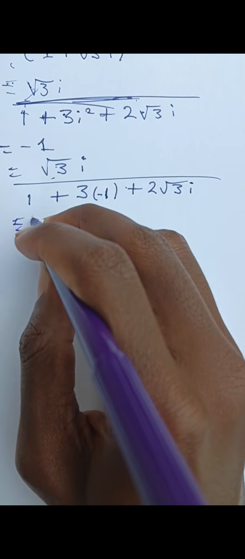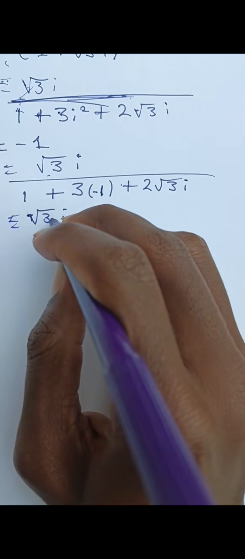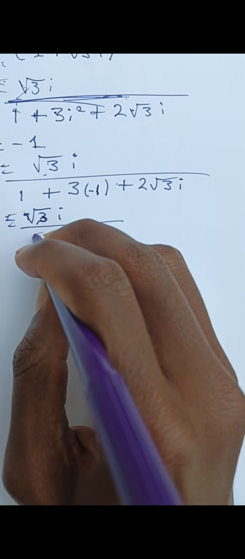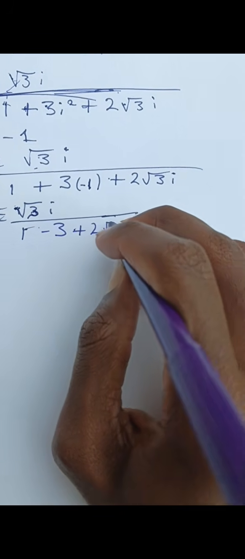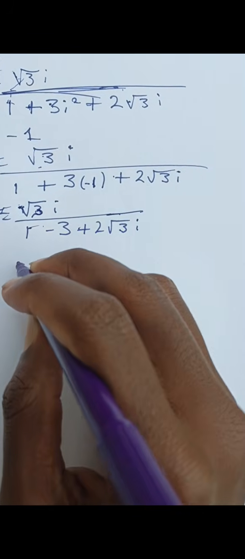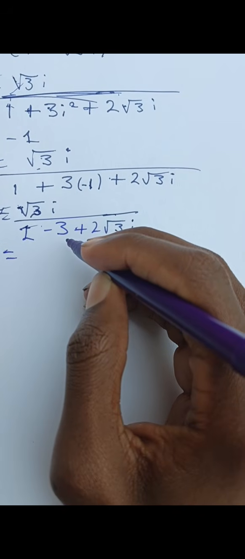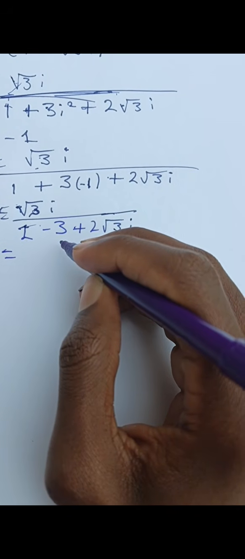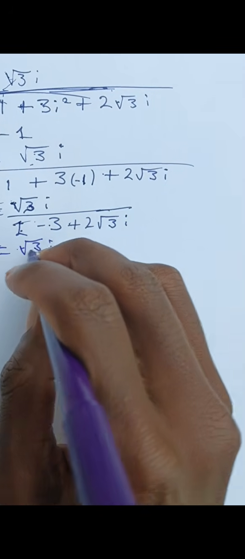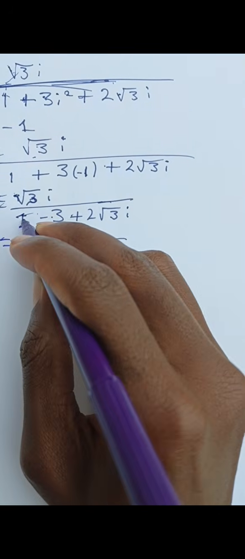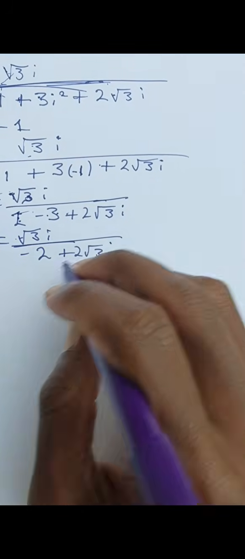So now we have square root of 3i over 1 minus 3 plus 2 square root of 3i. Let me write the denominator: 1 minus 3 is going to be negative 2 plus 2 square root of 3i.